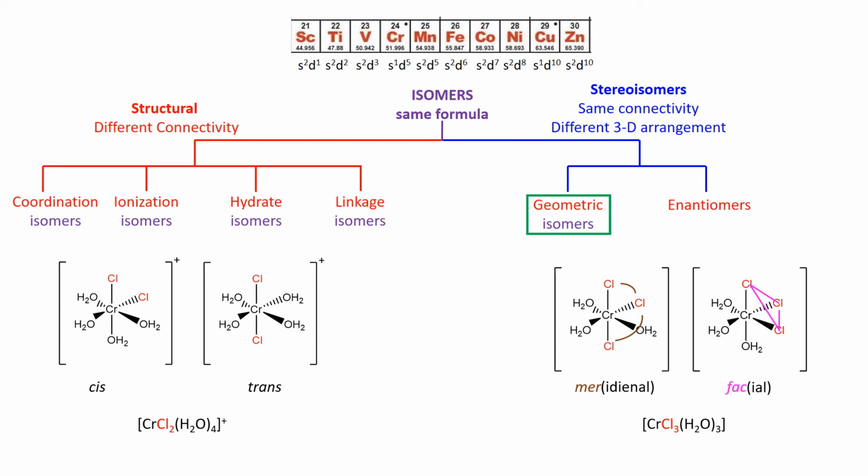So geometric isomers you can see in 4 coordinate, you can have them in 5 coordinate, you can have them in 6 coordinate. Cis and trans, in which you've got 2 ligands that are the same, and you just say, are they next to each other, cis, or are they across from each other, trans? And then where for the octahedral you have 3 ligands, you can have them meridionally, in which 2 are trans, 1 is cis, or facial, in which they are all mutually cis.